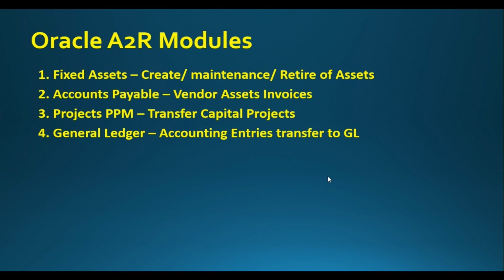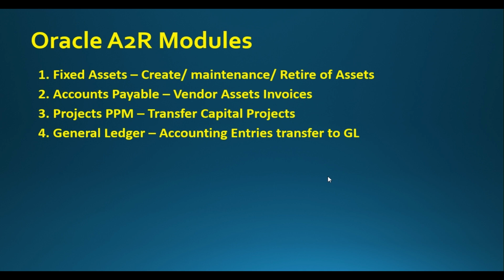There is another aspect to this A2R business process: you may have the PPM module. In the PPM module we normally maintain project-related information, which will include capital projects. What does this mean? You have created a project and you start incurring expenses related to that project, the resource-related cost of that particular project.